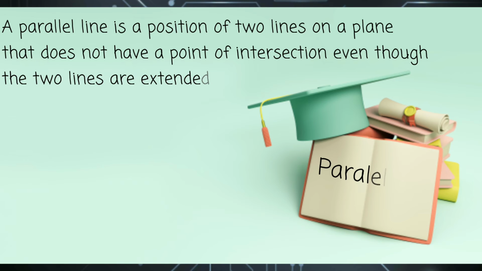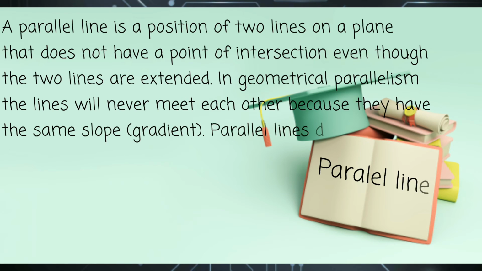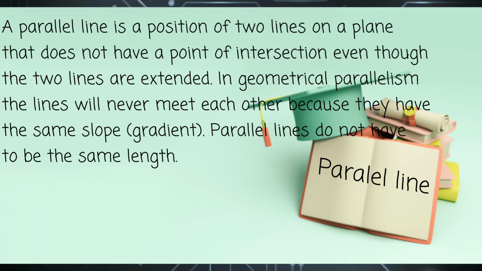A parallel line is a position of two lines on a plane that do not have a point of intersection even though the two lines are extended. In geometrical parallelism, the lines will never meet each other because they have the same slope or gradient. Parallel lines do not have to be the same length.